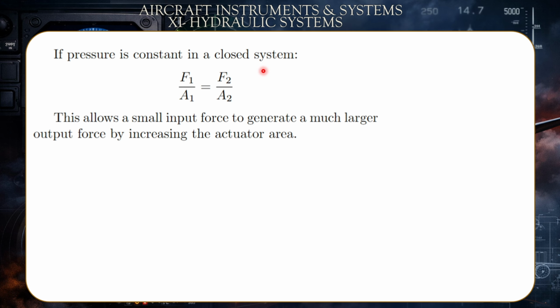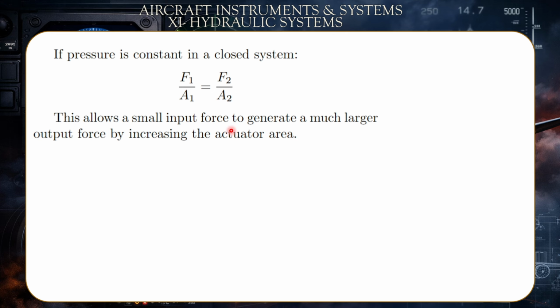The fluid in the hydraulic pipe will cause a much larger force to be exerted against the actuator, which would transform that force into a mechanical force, moving a heavy control such as the rudder.